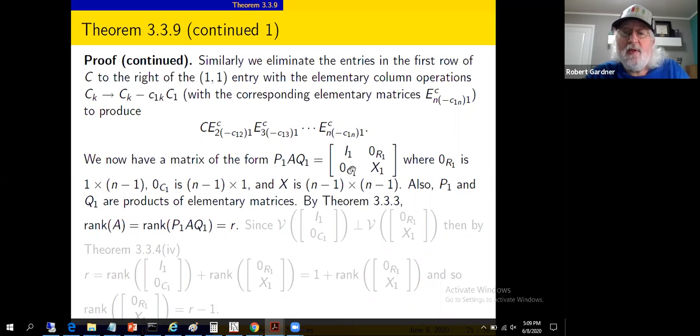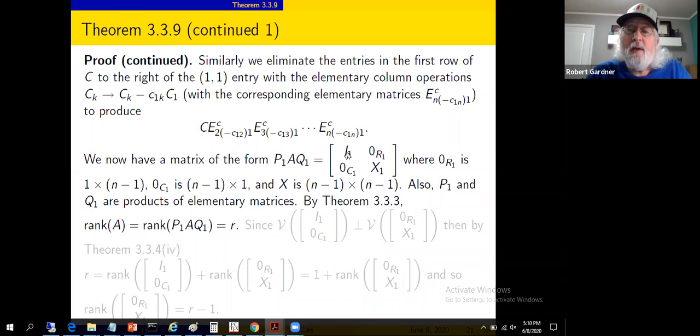It's n minus 1 by 1. Over here, we've got 1 by n minus 1. This is just a row vector of zeros of the appropriate size, and this is a column vector of zeros of an appropriate size. We said we were going to do this by induction, so here's the idea. We've got the first row and the first column. We got them the way we want them.